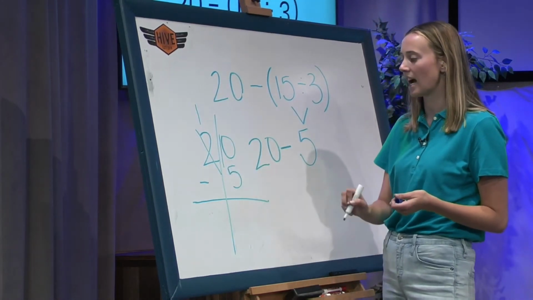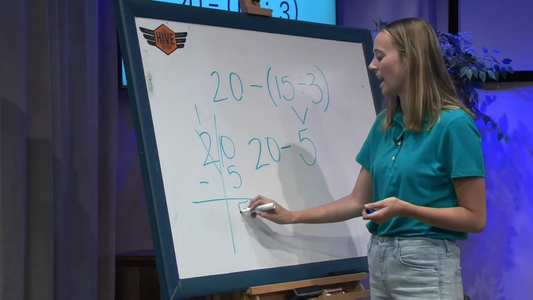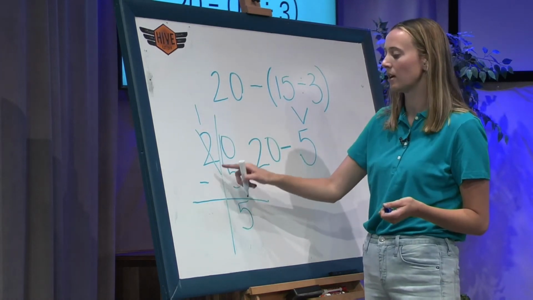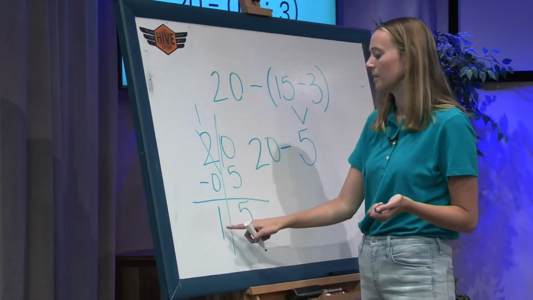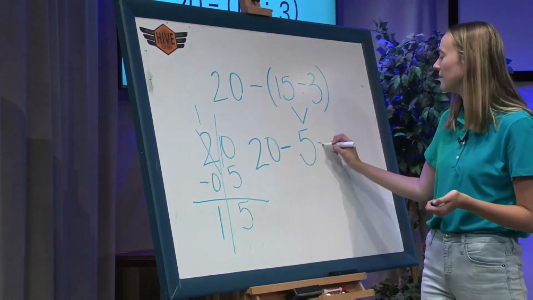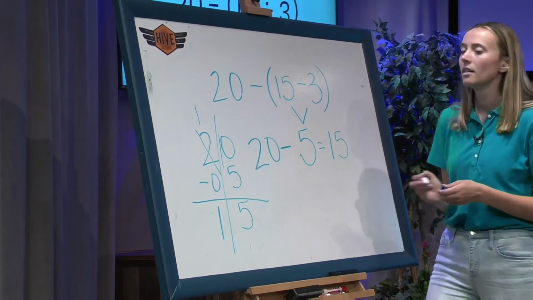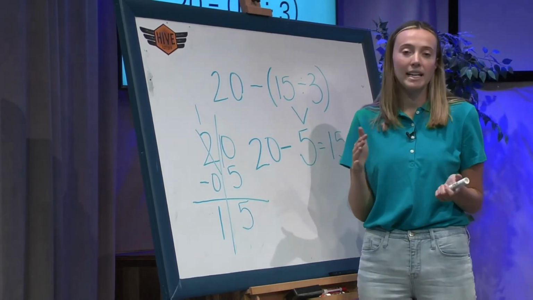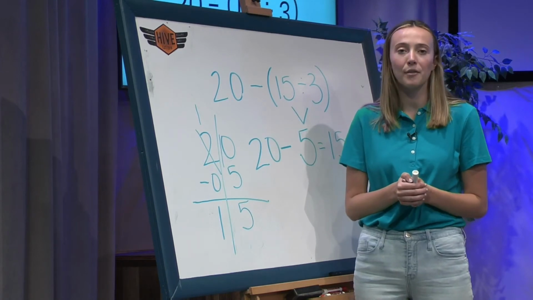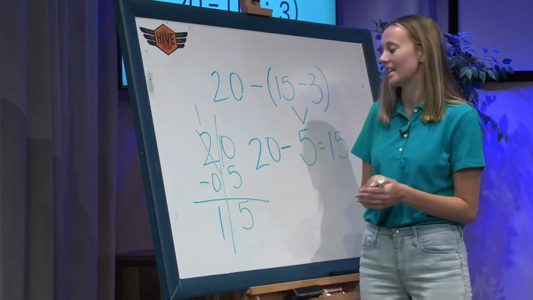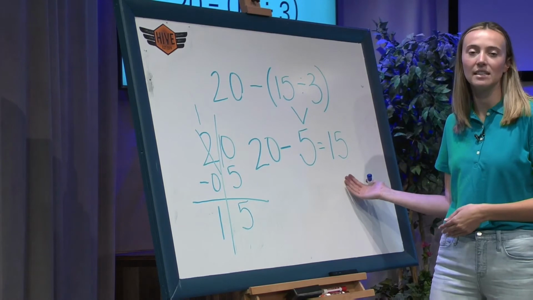So what's 10 minus 5? 5. And then 1 minus, we don't have anything here, so it's a 0. We get 15. So 20 minus 5 equals 15. 20 minus 15 divided by 3 with parentheses around 15 divided by 3 is 15.